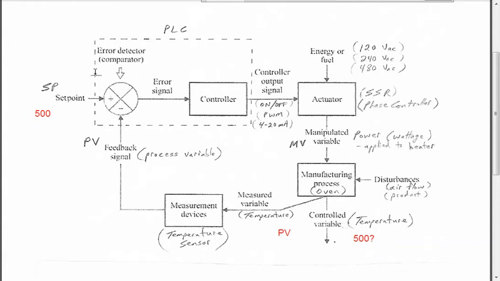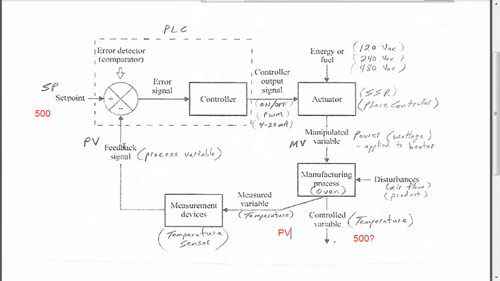The PLC can handle all this that I put within the dotted lines. And I think you can see that. I mean, it would just be a simple math function block in your program that would take the set point entered by the operator. It would bring that number into the program, and it would compare it to the number it sees coming back from the feedback loop, the process variable.